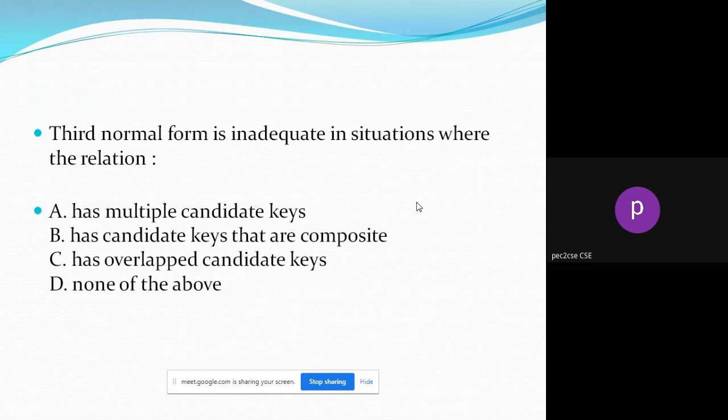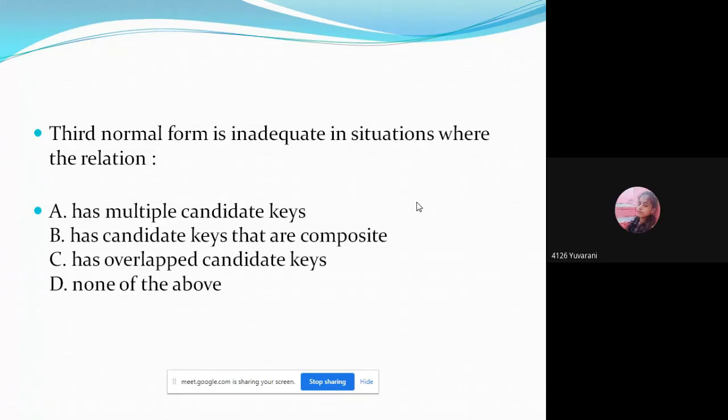Overlapped candidate key, ma'am. Which option?